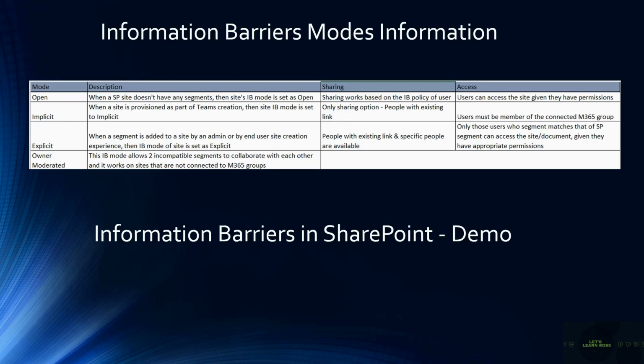Let me now discuss explicit. So when a segment is added to a SharePoint site by an admin or via the end user site creation experience, then the site information barrier mode is set as explicit. In explicit mode, the only sharing options available to users are people with existing link and specific people.